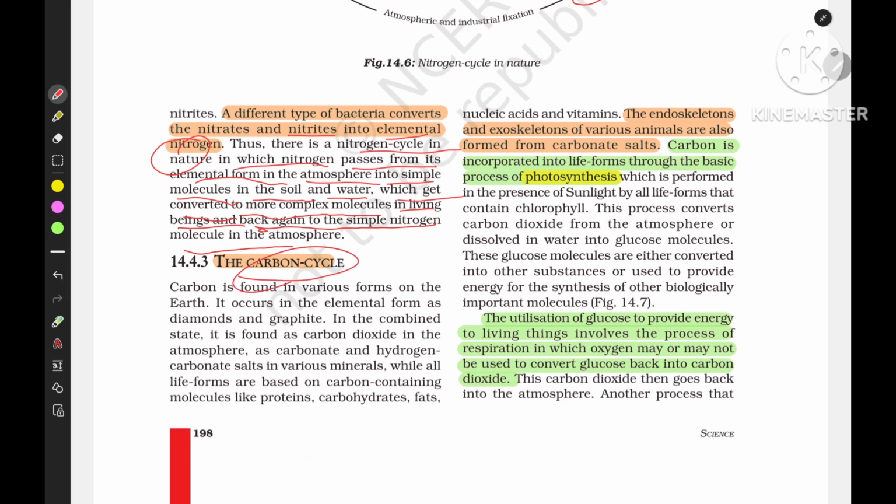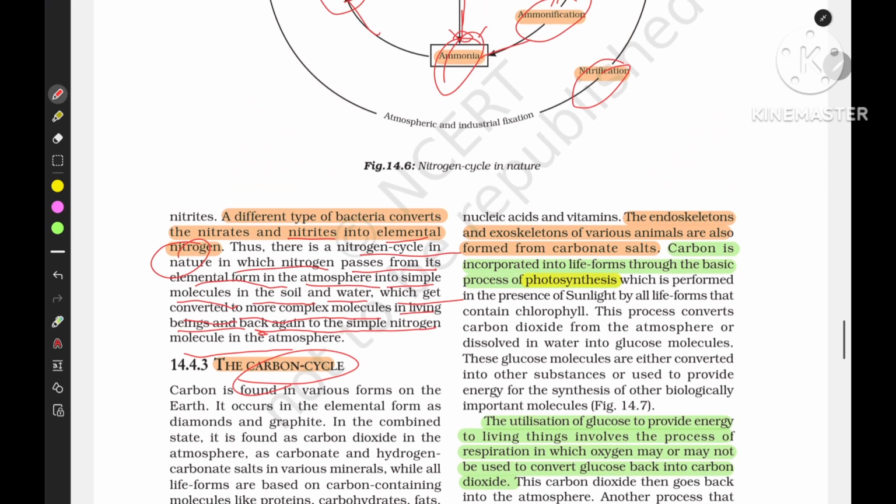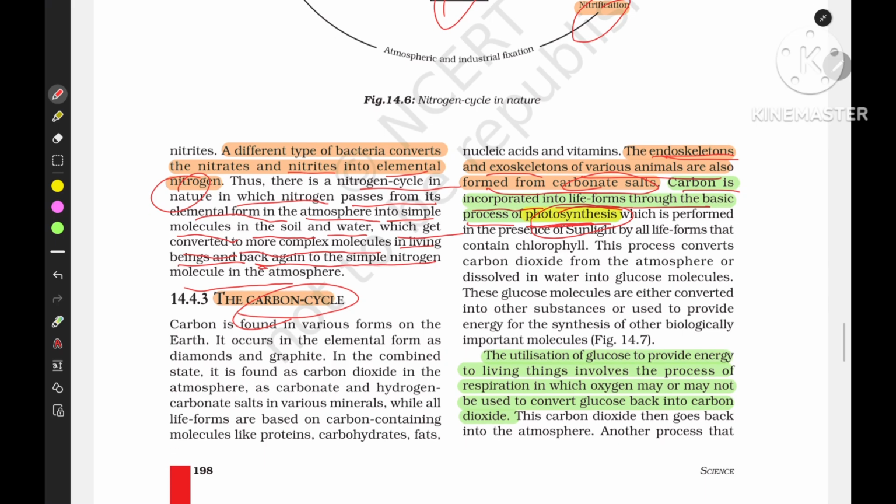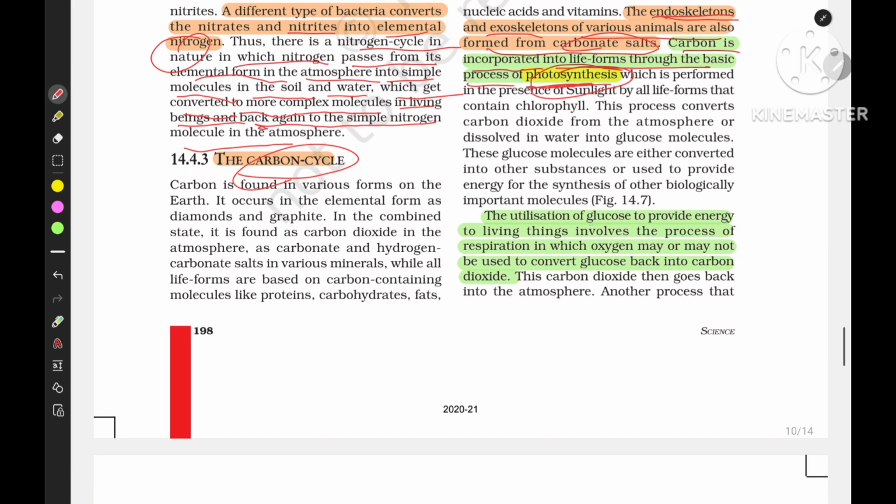Now let's discuss the carbon cycle. The endoskeleton and exoskeleton of various animals are also formed by carbonate salt. Carbon is incorporated in life forms through the basic process of photosynthesis, as plants use carbon dioxide to perform photosynthesis.